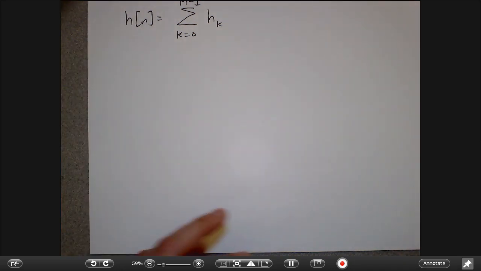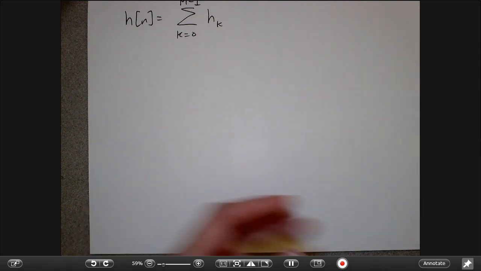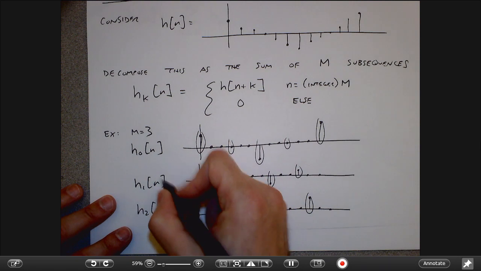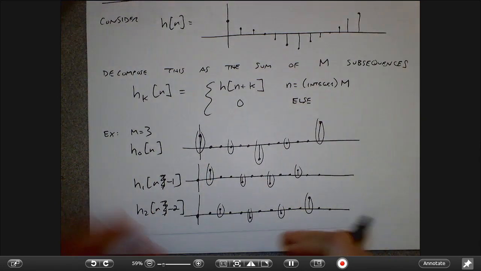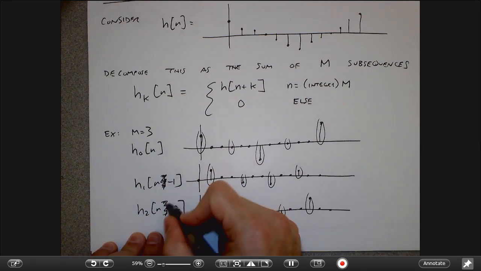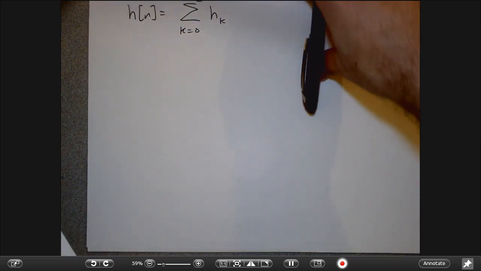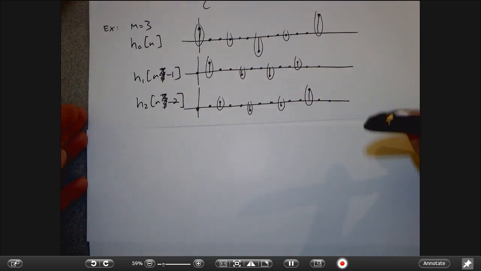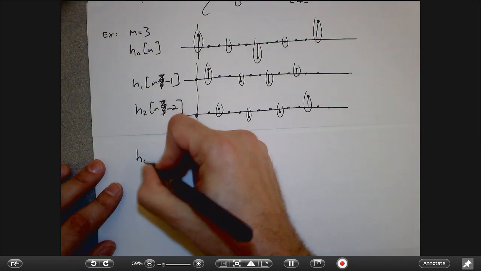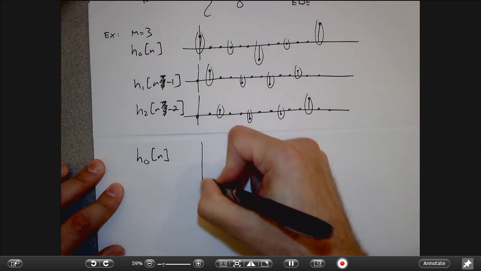And actually, let me just be a little bit careful here. Actually, I screwed this up. So this is true. What I want to say is that this is like this. I want to talk about the sequences as if they all start at 0. So my actual H0, H1, H2 are these things centered, so they always start at 0. So my H0 is the same.